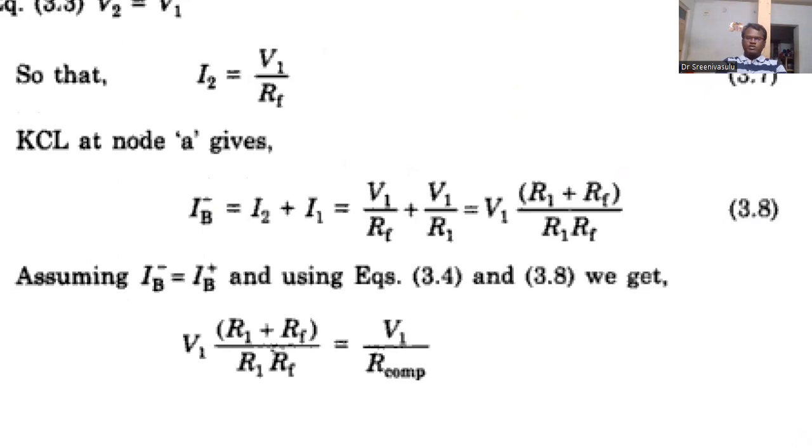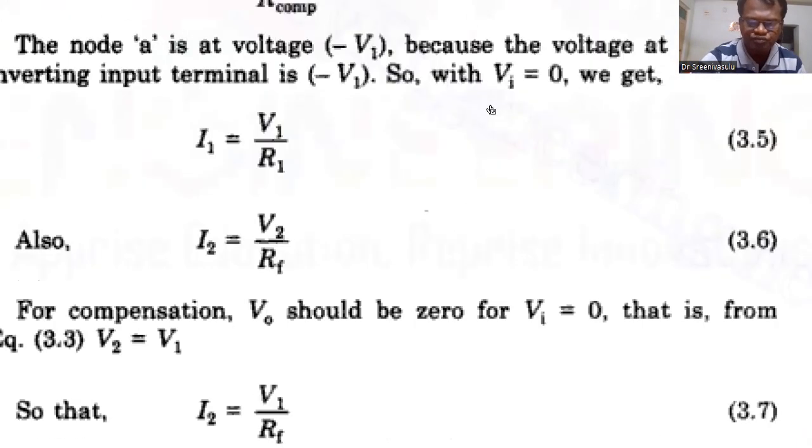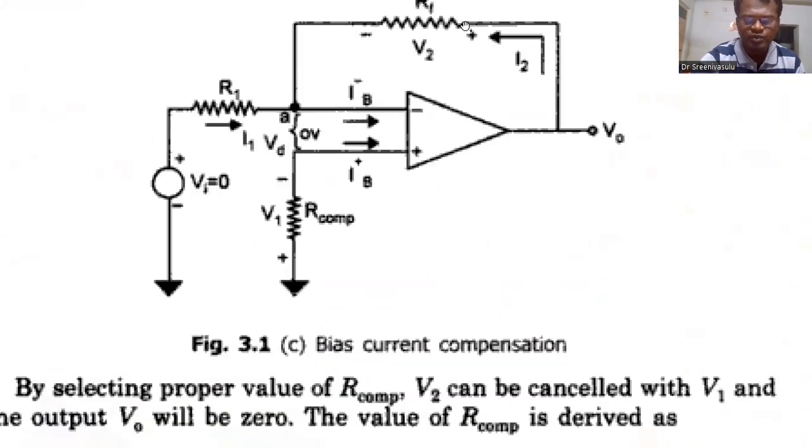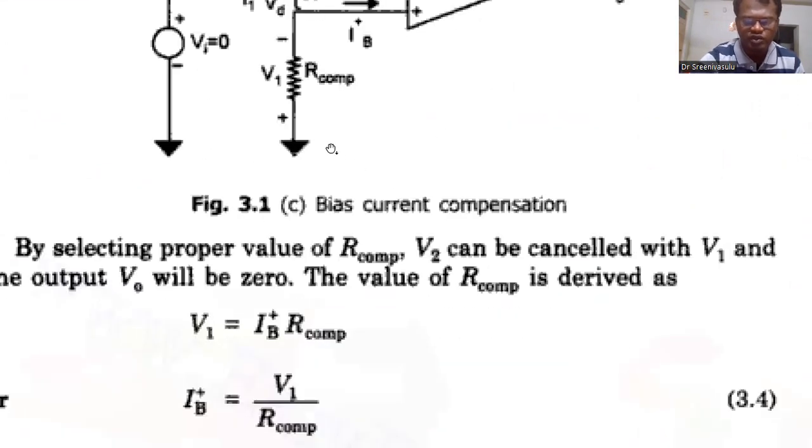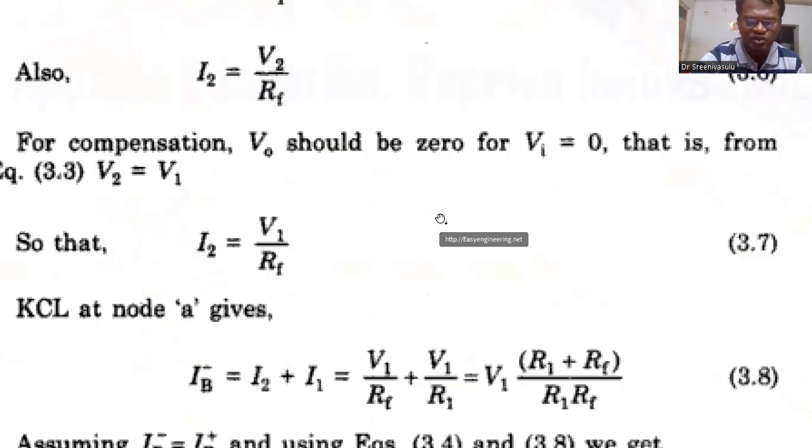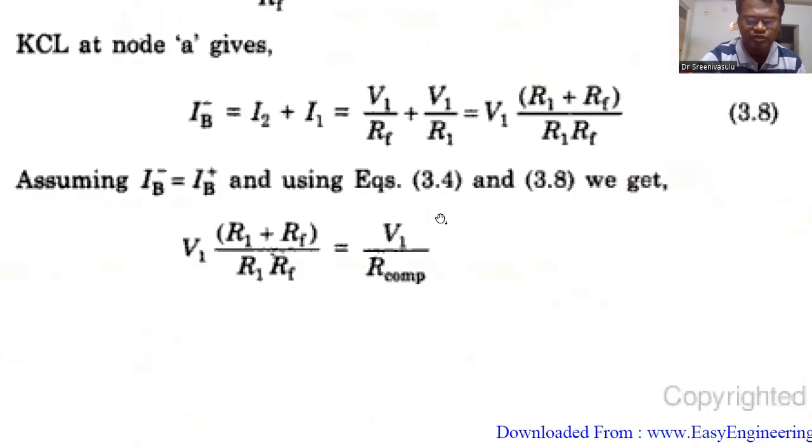These two are in parallel, so V1 into (R1 plus RF) by R1 RF. I2 comes from the feedback resistor and I1 from R1, and IB minus is the inverting terminal current.